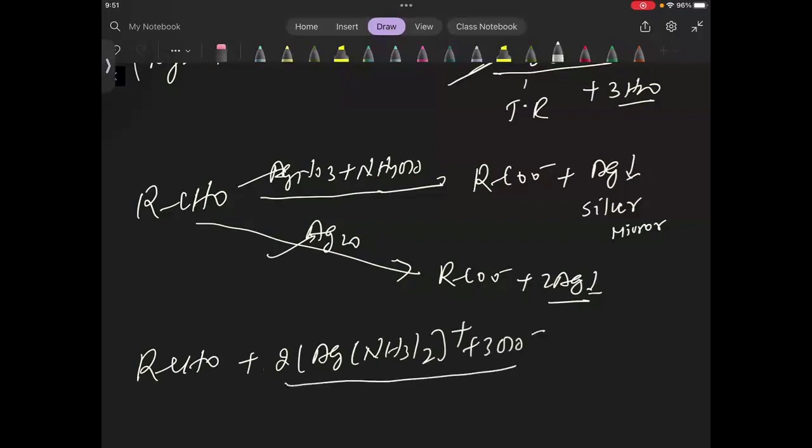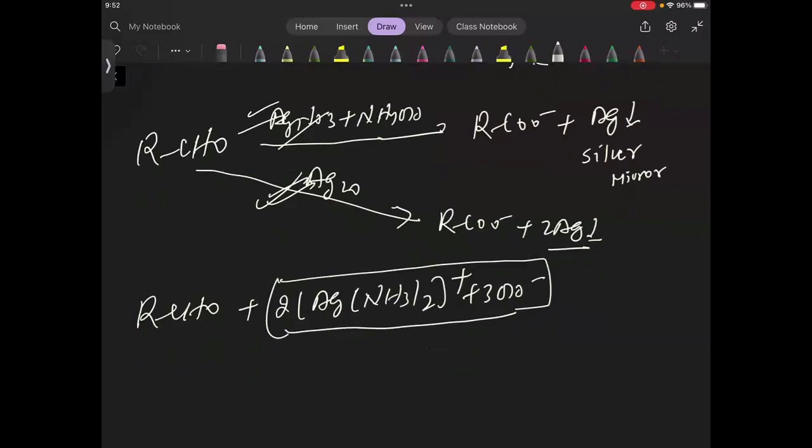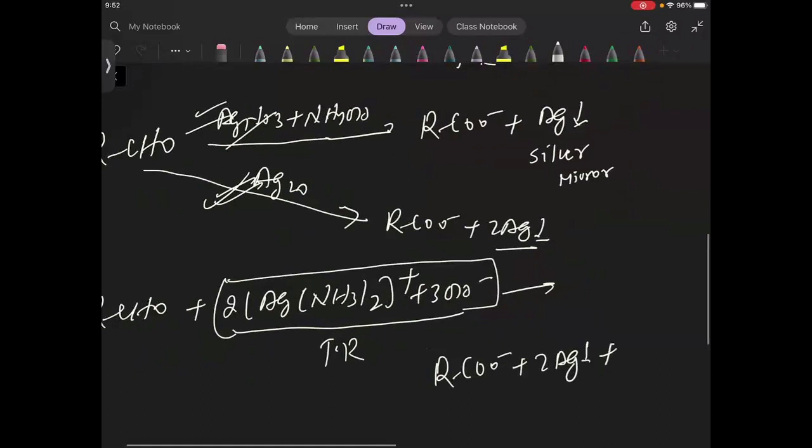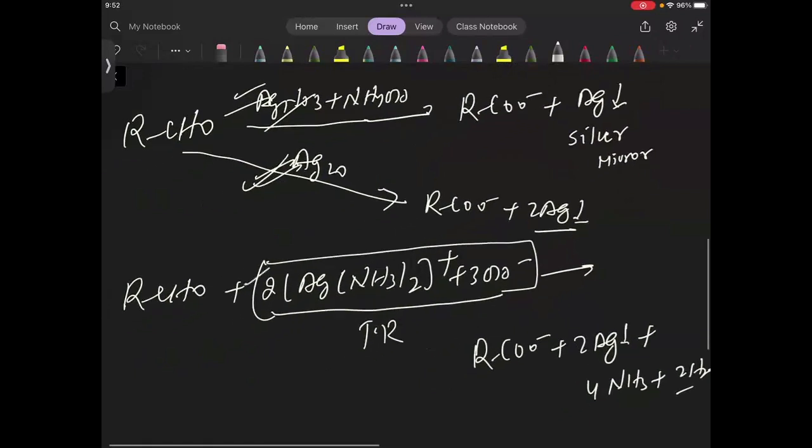You write exactly in a similar way, but for competitive exams you can write in any way. Just understand which reagents are Tollen's reagents, so don't get confused. Only this reagent is not, we can write also in this way. Now, Tollen's reagent will react and form RCOO- plus 2 moles of silver mirror plus 4 moles of ammonia plus 2 moles of water. Whenever you write these equations, you have to write all these things.